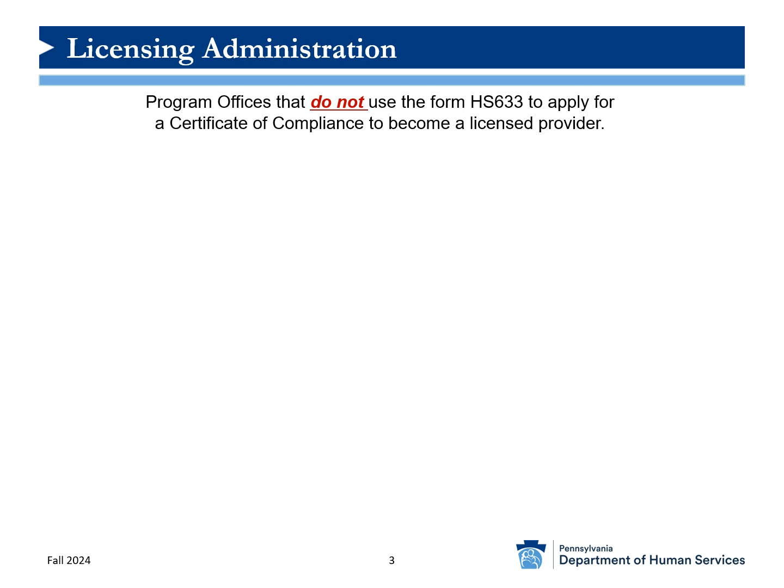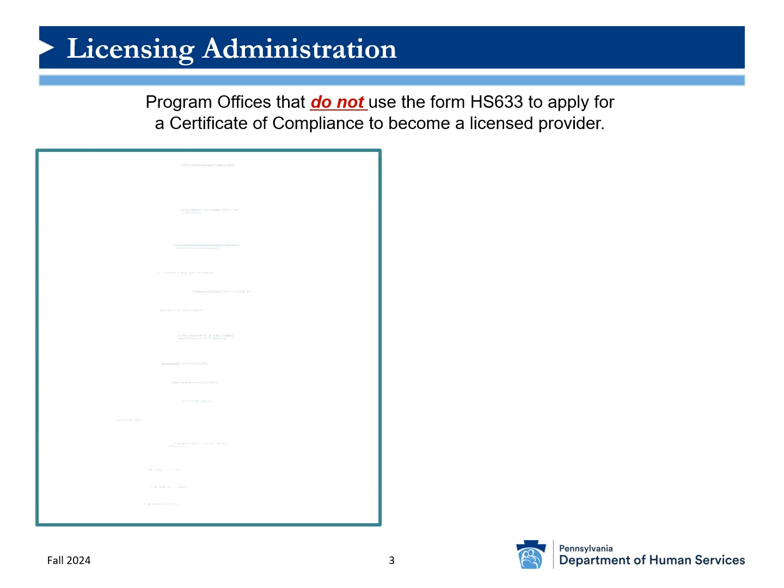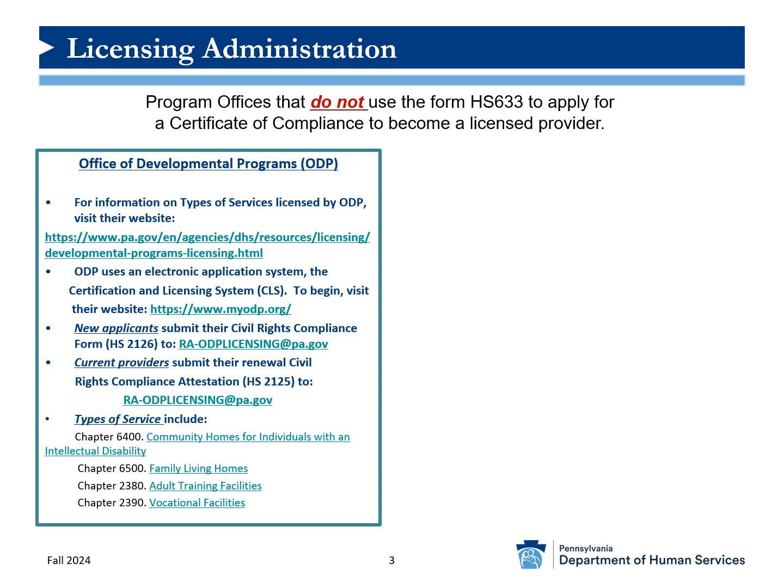This page details the program offices that do not use the Form HS 633 to apply for a Certificate of Compliance to become a licensed provider. One of those offices is the Office of Developmental Programs. The types of service that they provide are at the bottom of that list.